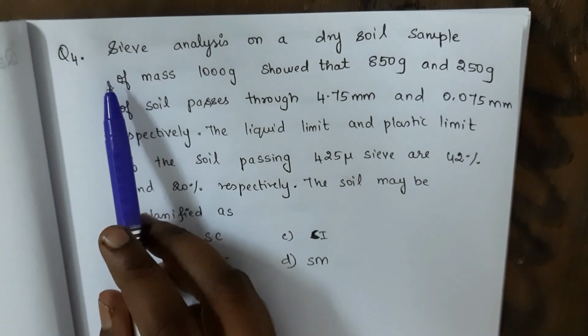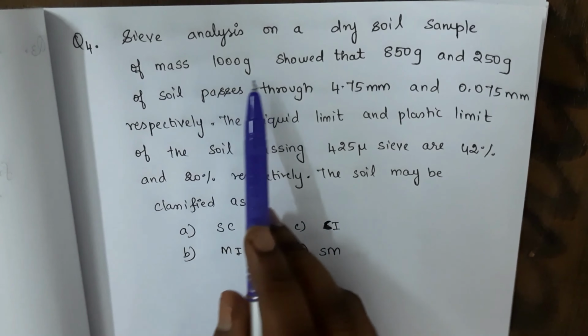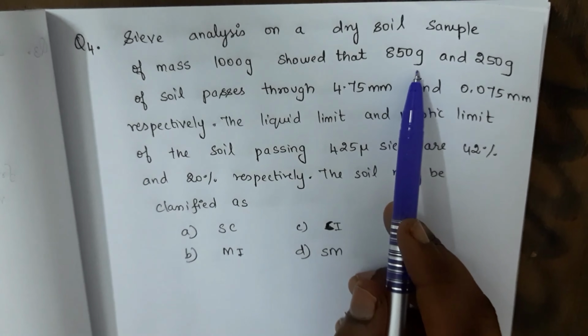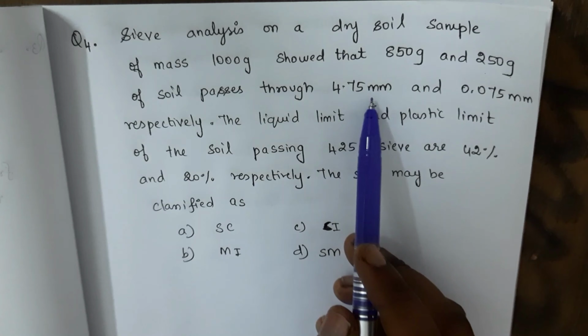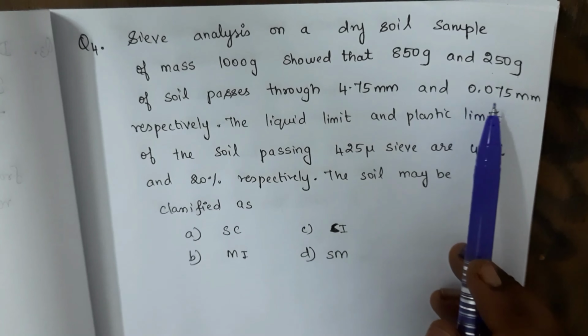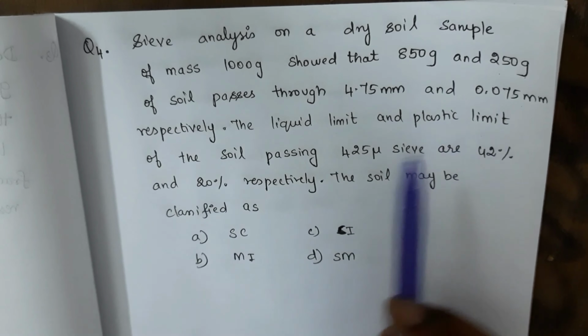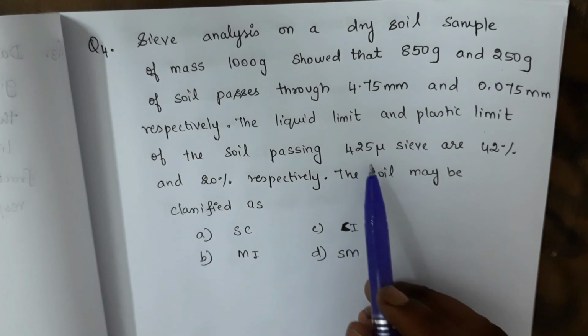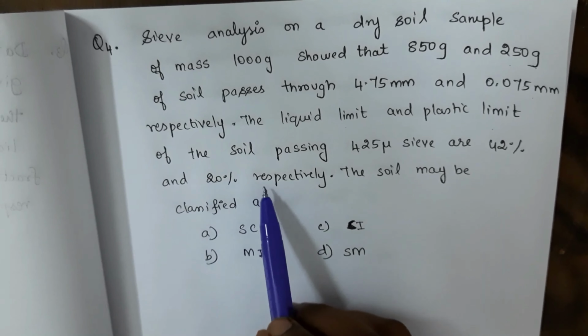Question number 4. Sieve analysis on a dry soil sample of mass 1000 gram showed that 850 grams and 250 grams of soil passes through 4.75 mm and 0.075 mm respectively. The liquid limit and plastic limit of the soil sample, the 425 micron sieve fraction, are 42% and 20% respectively.